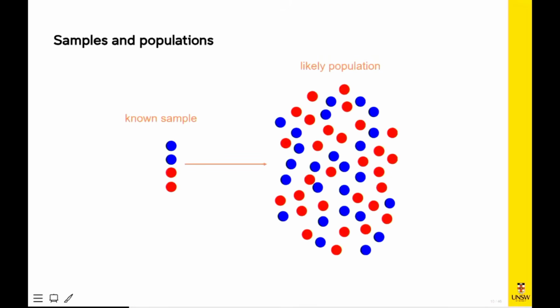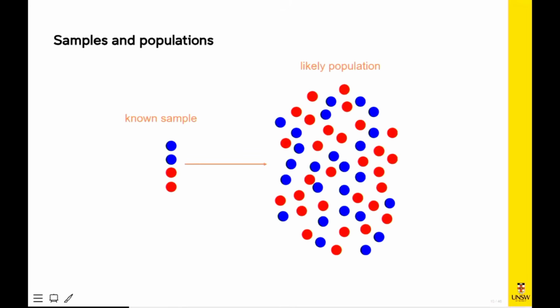Okay, so some characteristics about samples versus populations. Say I'm doing my research and I get 4 observations, and I am studying the color of circles. So I've got 4 circles, 2 of them are blue and 2 of them are red. And that's all the information that I have.